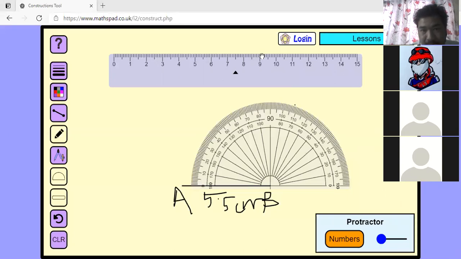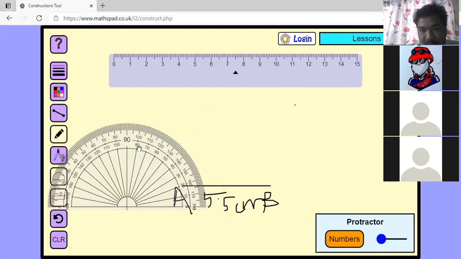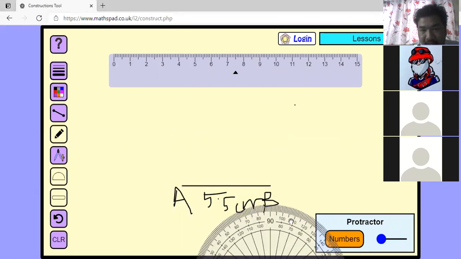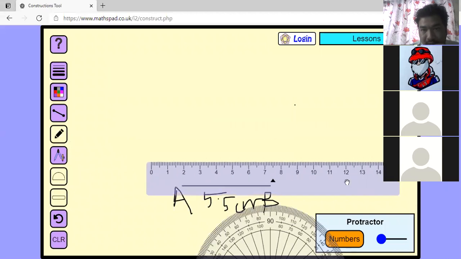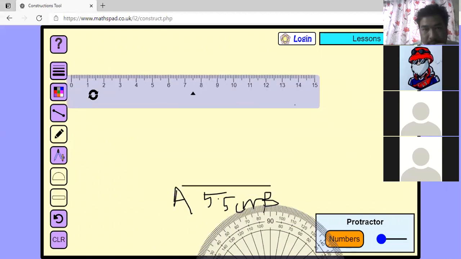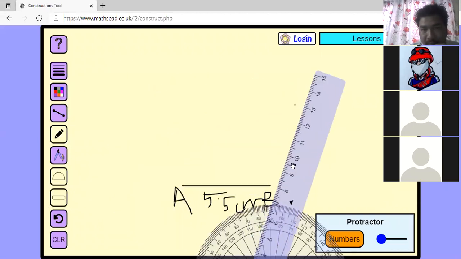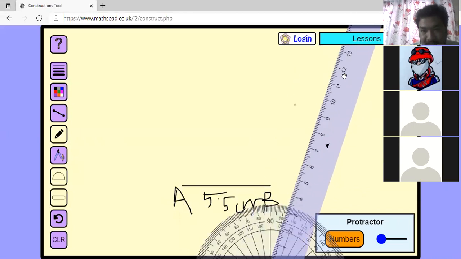Okay. And see here. Now you can remove this protractor and join this line. Look at this point. Where is the point of 108 degree? Join with the help of a ruler. Put it here straight.